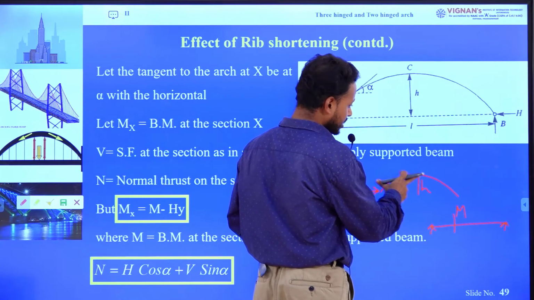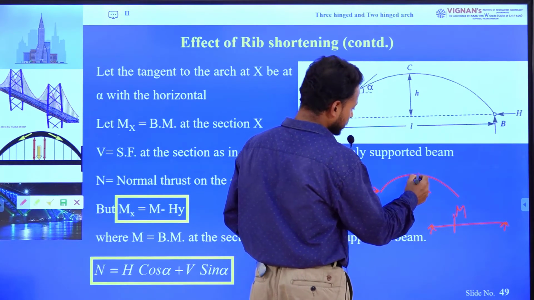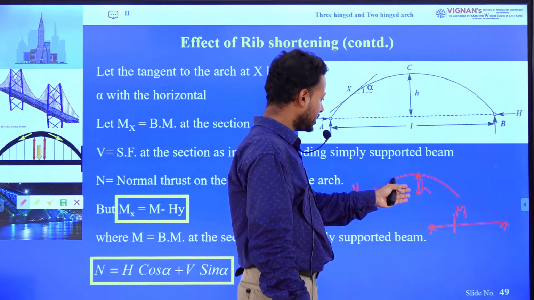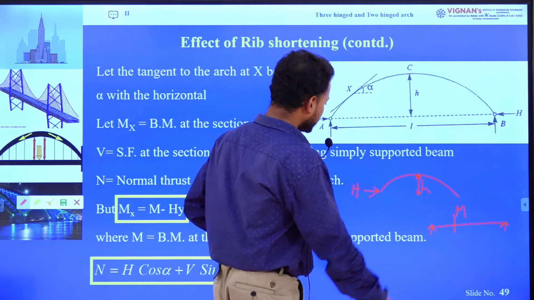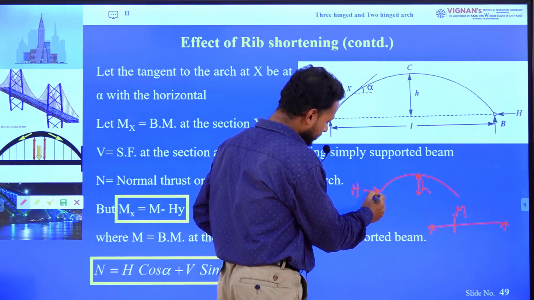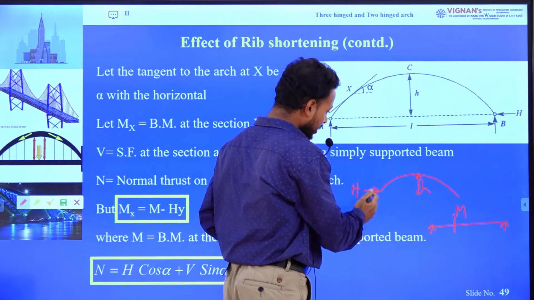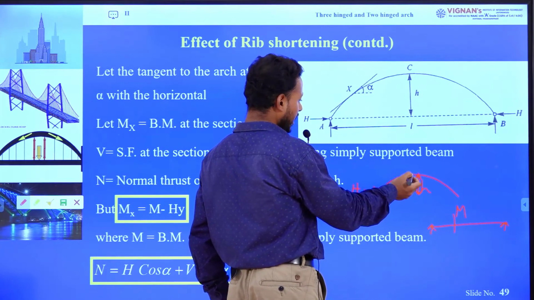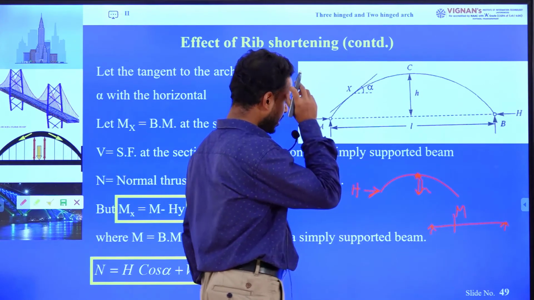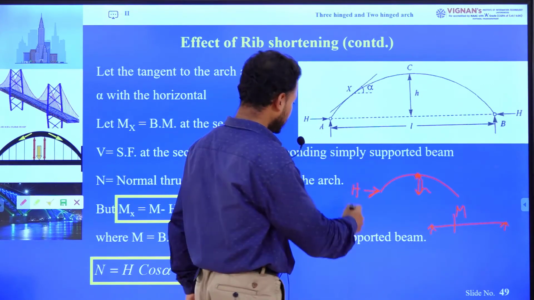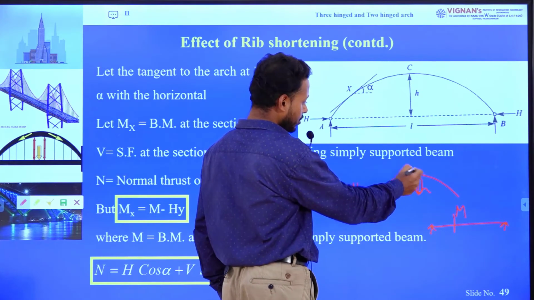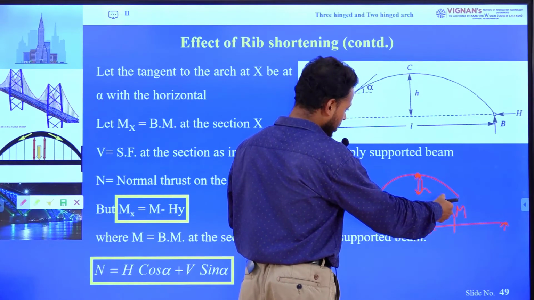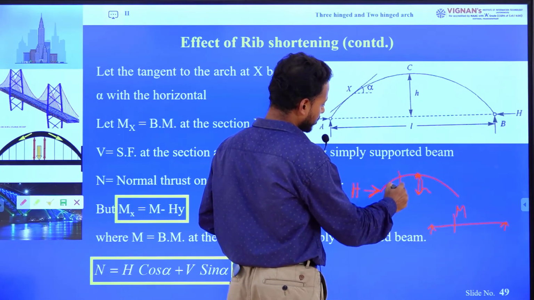This beam and arch are similar, just the arch has one extra rise at the center and nothing else. As it has rise h at the center, it has a lesser amount of bending moment. How is it subjected to less bending moment? Because of this horizontal thrust, it is pushing in the inward direction and the bending moment will reduce at any cross section X.